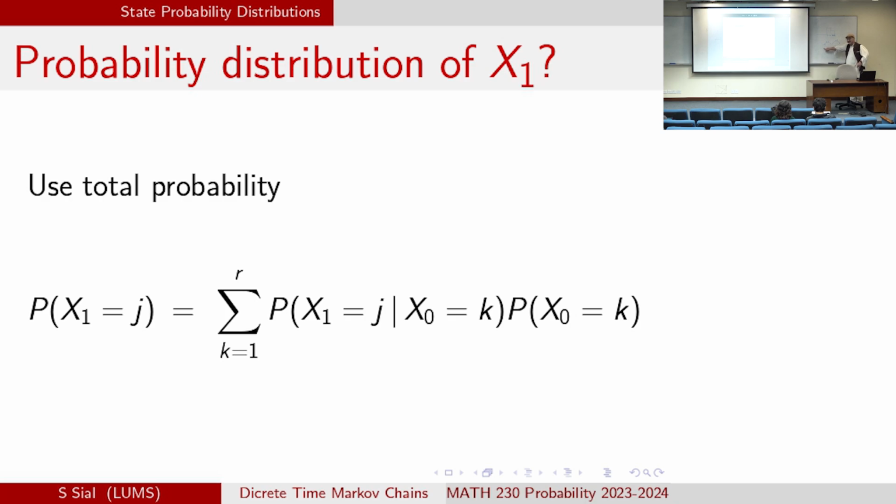If at time equals 0, you always start at 1, what's the probability that at time equals 1, you are in state 3?